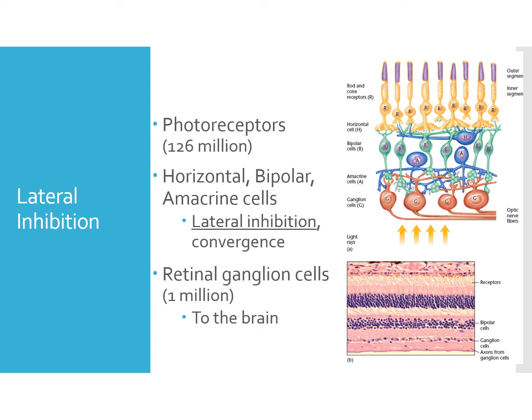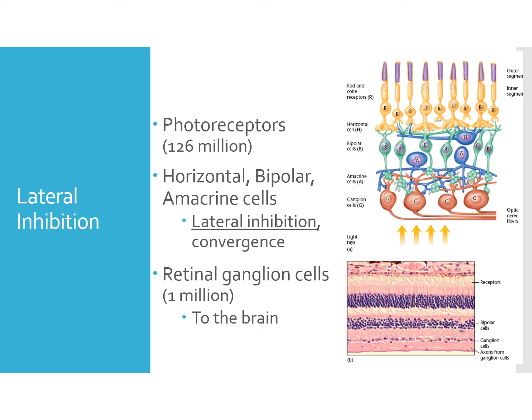If you remember, that's mostly in the rods, but also in the cones that are in the periphery of the eye. That kind of convergence is not happening in the fovea. But we've added some cells, the horizontal and the amacrine cells, and we've added the words lateral inhibition.